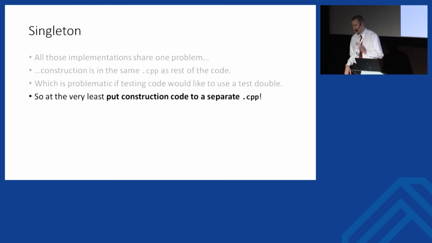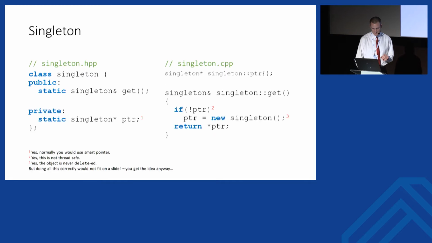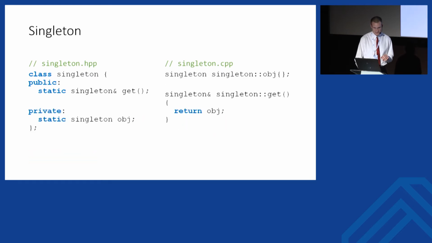If you take nothing else from this presentation, then at least please put the construction code in a separate CPP. This alone solves many of the issues. So, like we had in the previous slides, maybe this would be best done with the first approach. The definition of the object should be put in a different CPP. I'll call it Singleton instance, for example. This separates the remainder of the Singleton code from the instance creation.